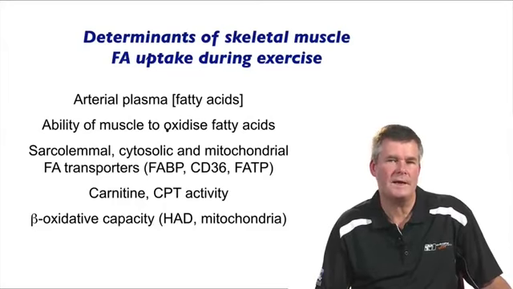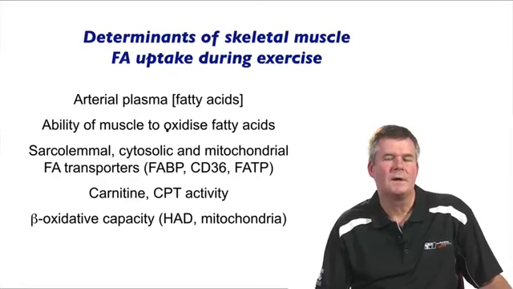These include the fatty acid binding protein, FABP, another fatty acid binding protein called CD36, and fatty acid transport protein, or FATP. And these proteins are involved in transporting fatty acids across the sarcolemma, across the largely aqueous environment of the cytosol inside the muscle, and also across the mitochondrial membrane.